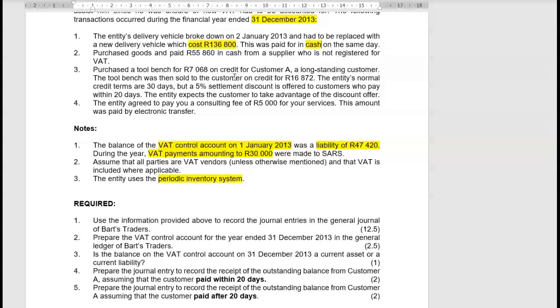According to the Financial Intelligence Act, that transaction needs to be reported to the authorities because they can suspect money laundering if you're going to count out more than 50,000 Rand in cash. So by law, you have to declare it then to the authorities.